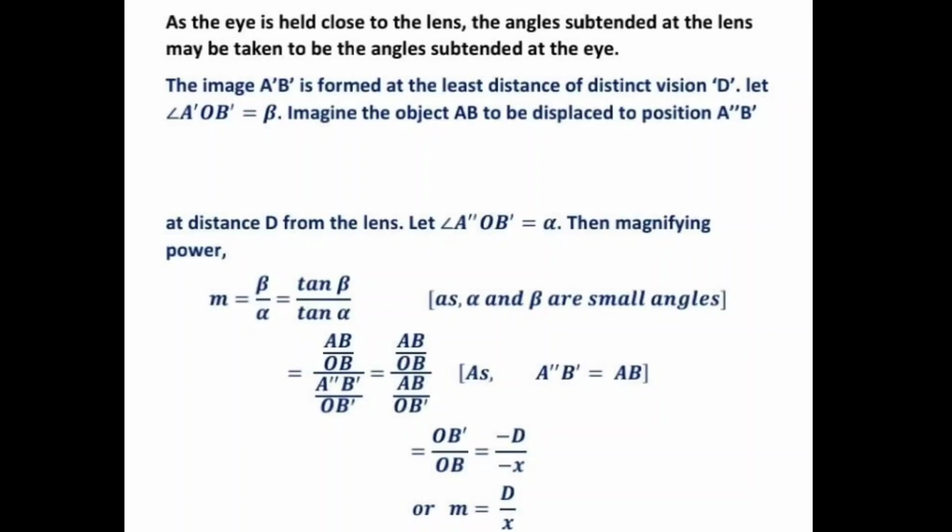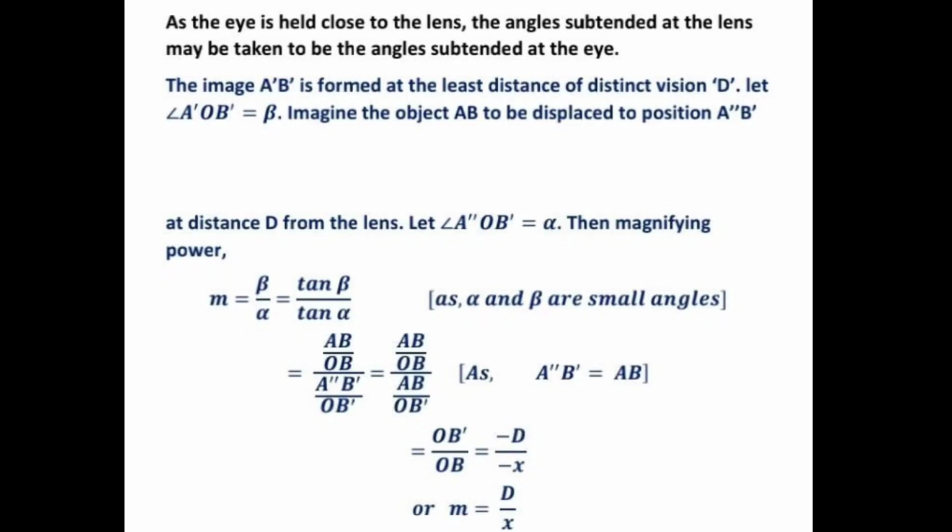Let the angle A'OB' be equal to beta from the previous diagram, and imagine the object AB to be displaced to the new position A''B'' at a distance D from the lens, and let us take the angle of A''OB'' as alpha.